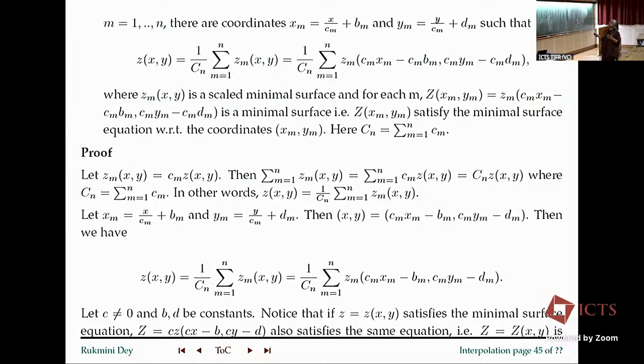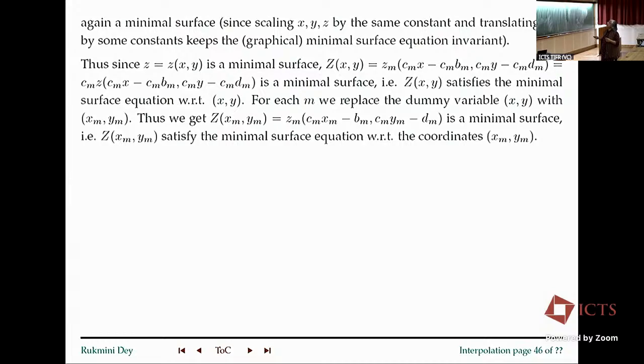Translation doesn't change the minimality, right? The minimal surface equation is such that if you scale z, x, y all by c, it again remains minimal, and translation of x and y doesn't change anything. So then again you get something like this.